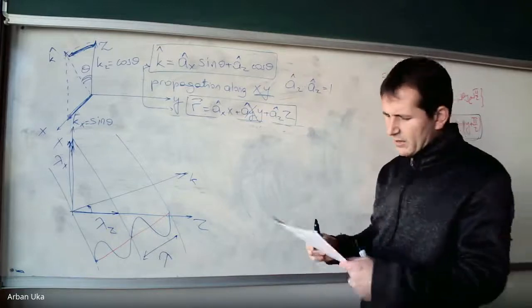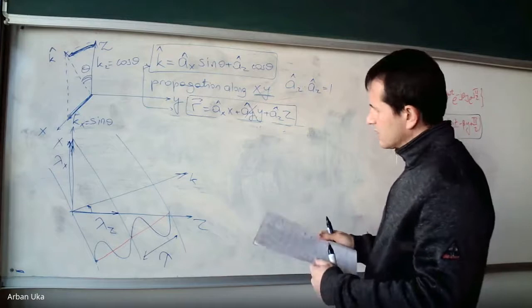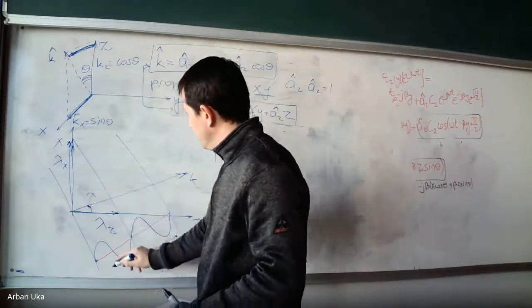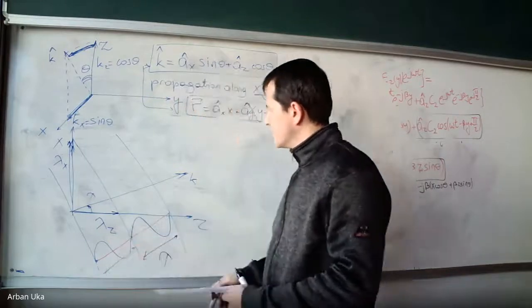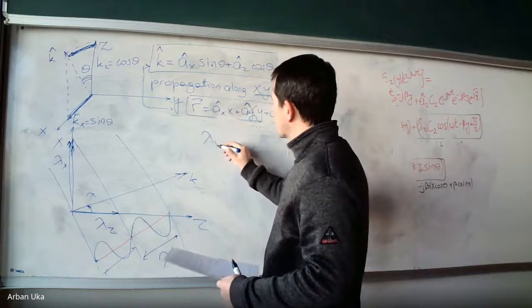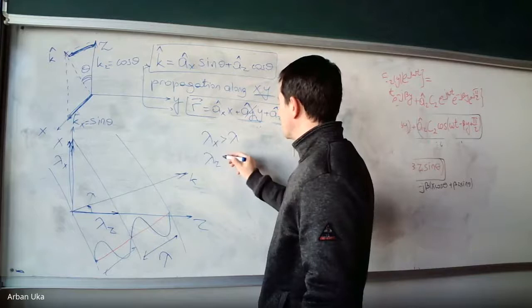So now, what do we get from here? We get the following. So again, let me write here. This is lambda, and this. So we notice that the projection lambda x is larger than lambda. Okay, this is something unique or strange.